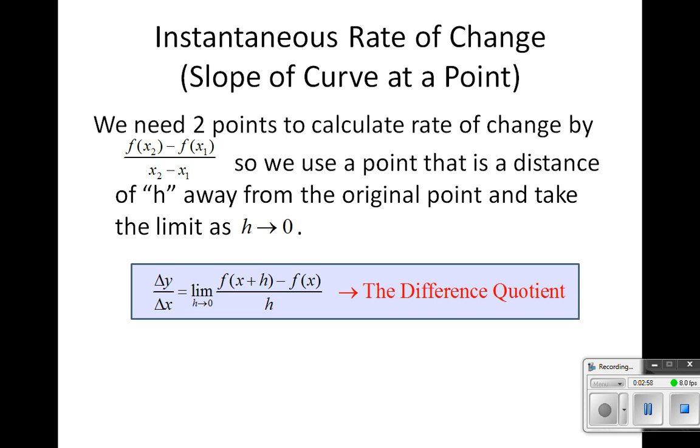Something like that. Okay, so to calculate it though, we still really actually need to calculate the slope at that particular point. But we haven't learned how to calculate slope at a single point. We only know how to calculate slope between 2 points. So what do?